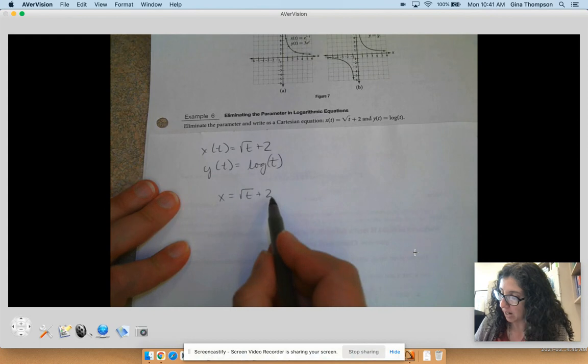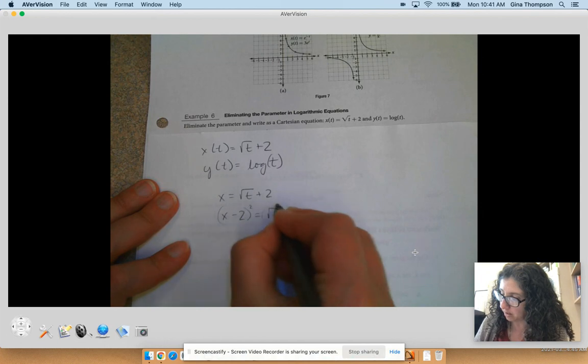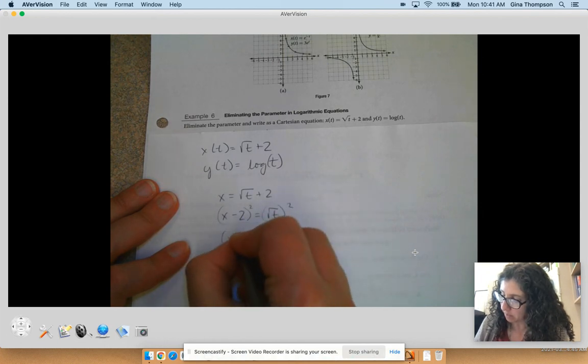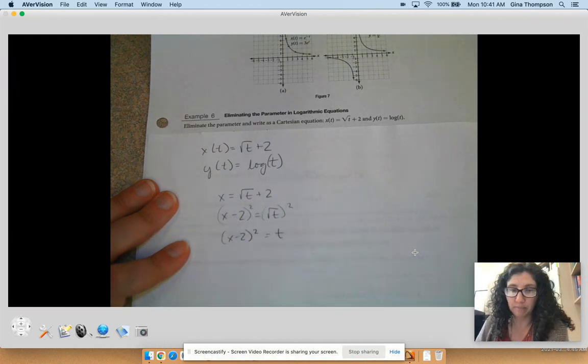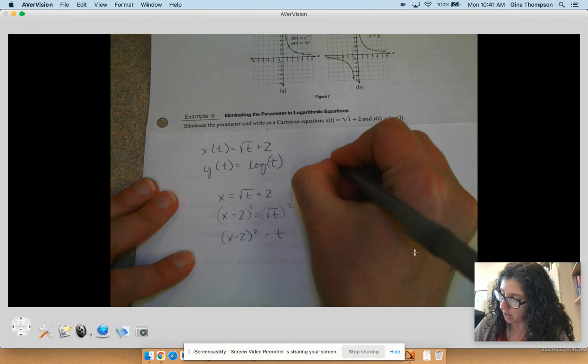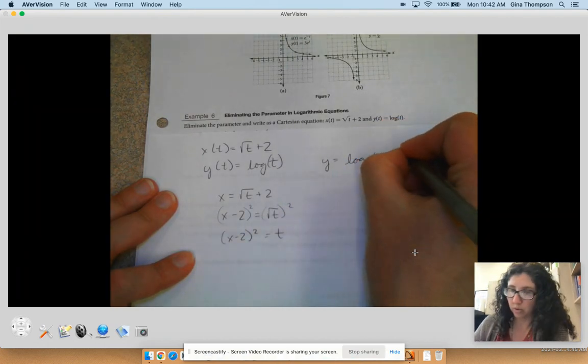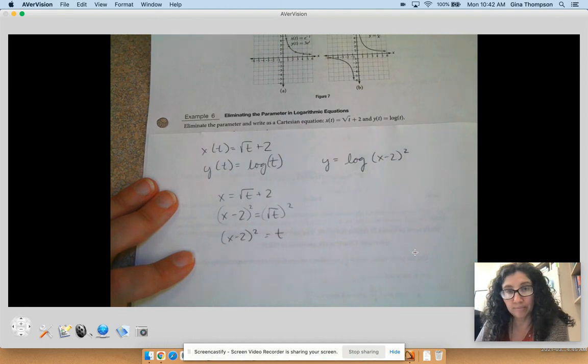So then I could subtract 2. I could say x minus 2 equals square root of t, and I could square both sides. And I get x minus 2 squared equals t. And now I can just plug that into this equation, and I can say y equals log of x minus 2 squared. Ta-da!